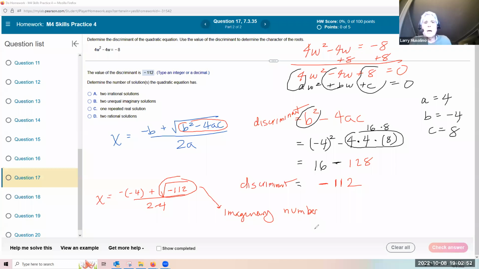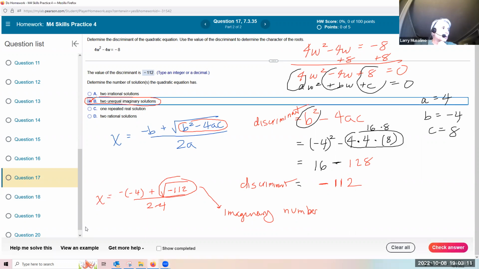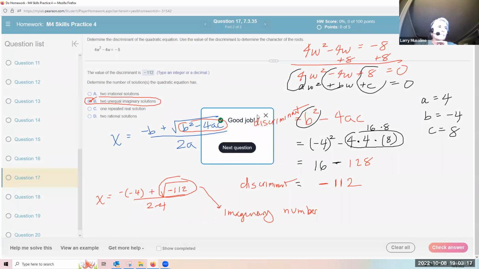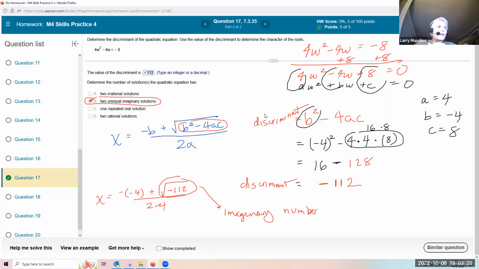So because we ended up with a negative number for the discriminant, we are going to end up with imaginary solutions. So we're going to go with this answer here, imaginary solutions. Okay. And folks, this would be a good one to use the view an example, because that would show you different examples of what this discriminant could work out to be.